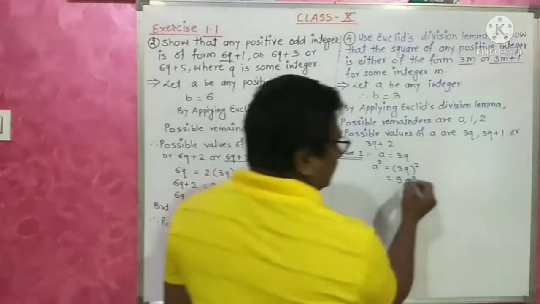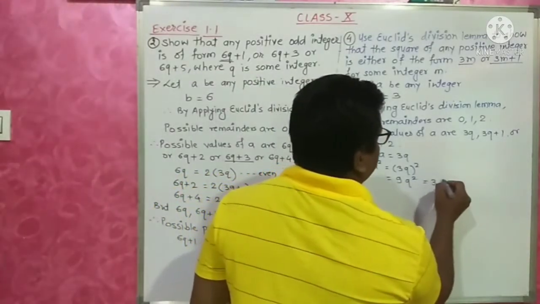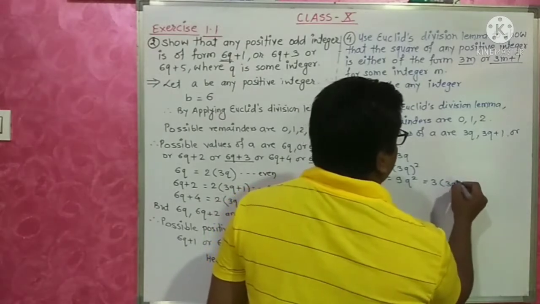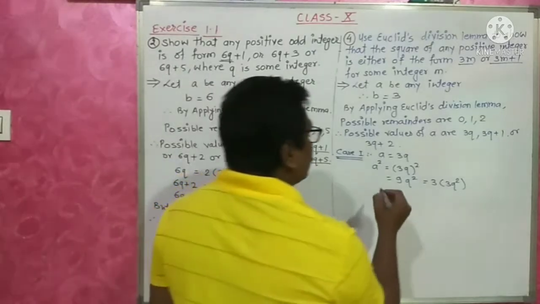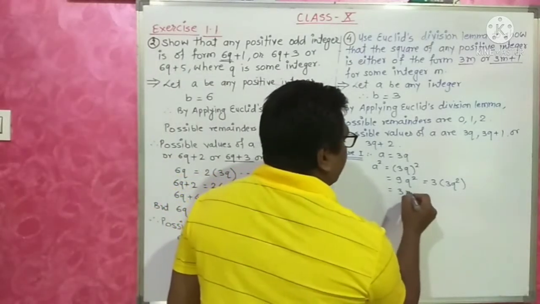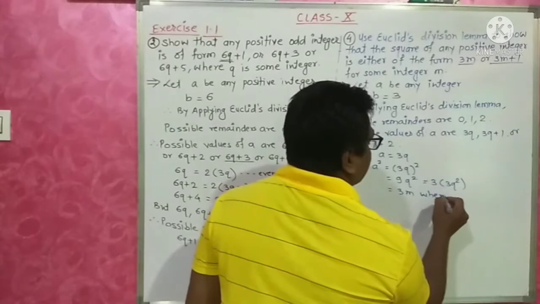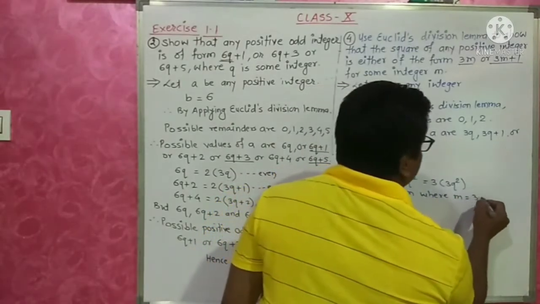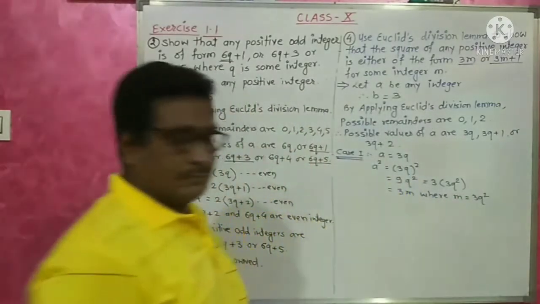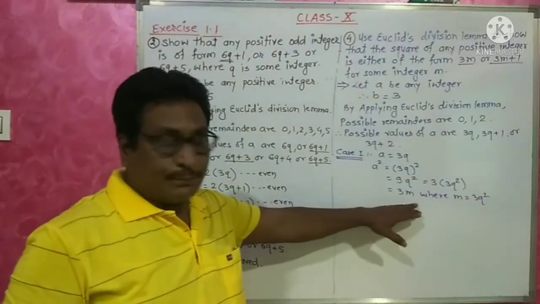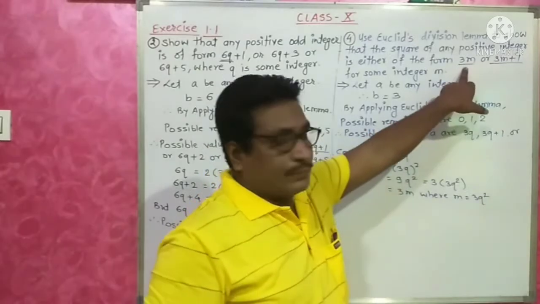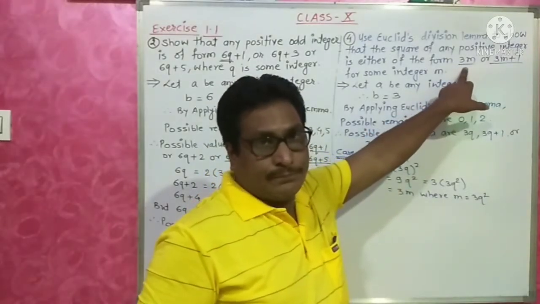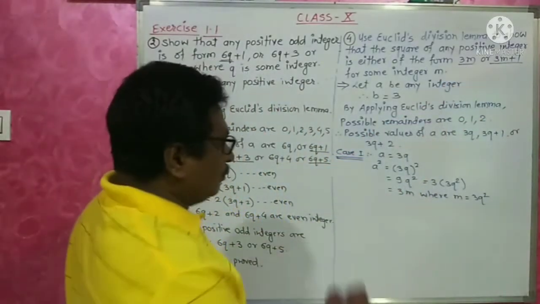So how can we write this 9q square? 3 into 3q square. So 3m, where m equals 3q square. Got 3m, means in place of 3q square what do we have to write? m. 3m. Clear?